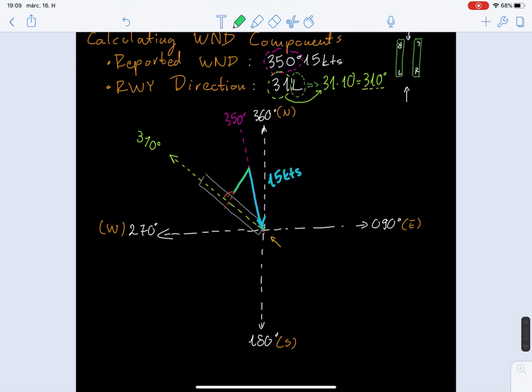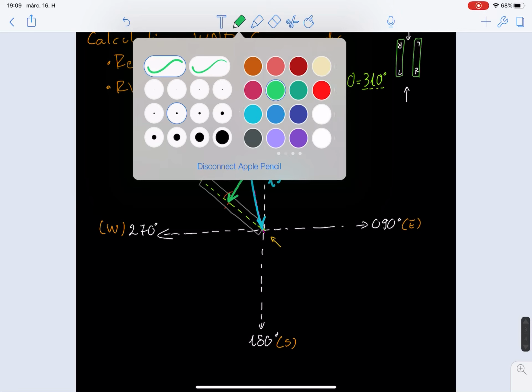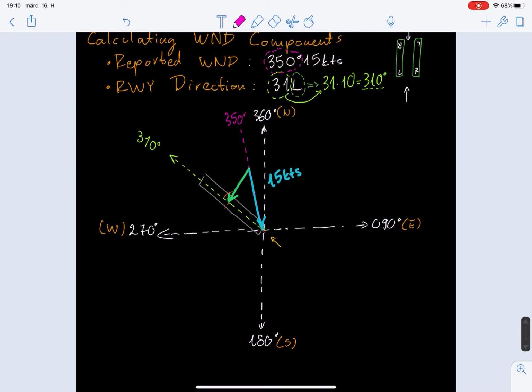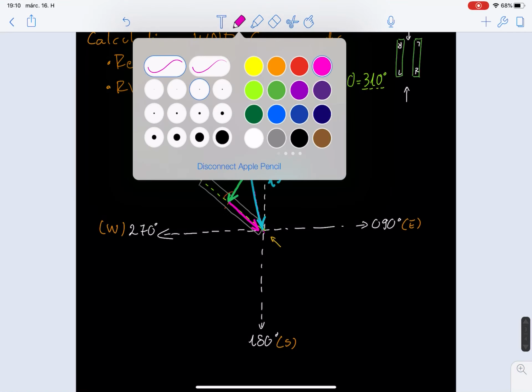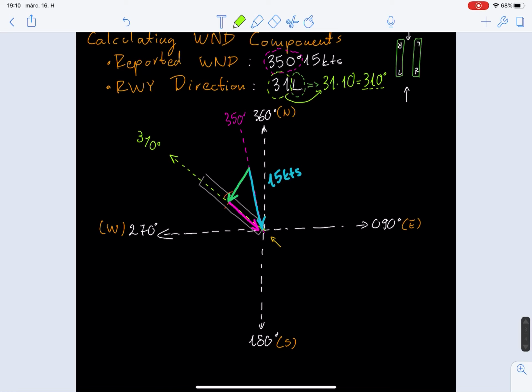This one is going to be the crosswind component from the right. And we also have another vector in the other direction, let's say like this. All right. And we can tell that the angle between the runway direction and the wind is basically 350 degrees minus 310 degrees, right?